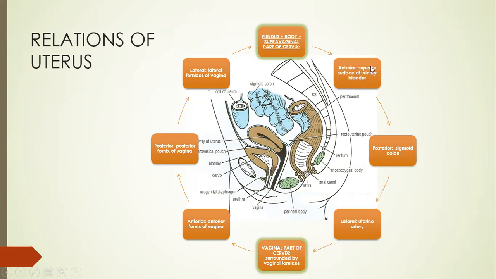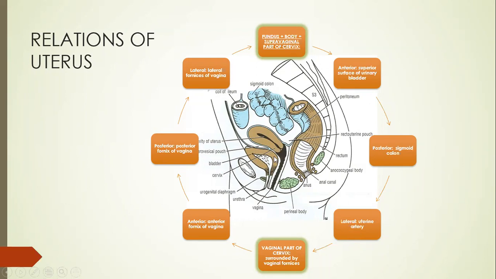Anteriorly, we have the superior surface of the bladder, in front of the uterus and the vagina. Posteriorly, we have the sigmoid colon, and for the vagina especially there is the sigmoid colon as well as the rectum. Then laterally, we have the uterine arteries.